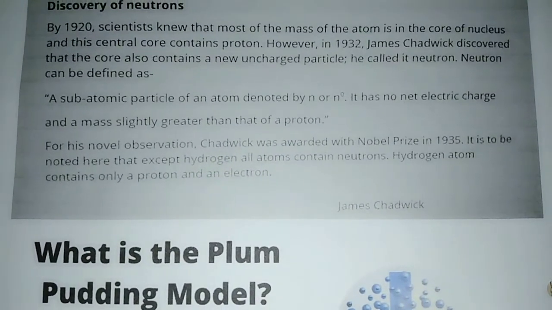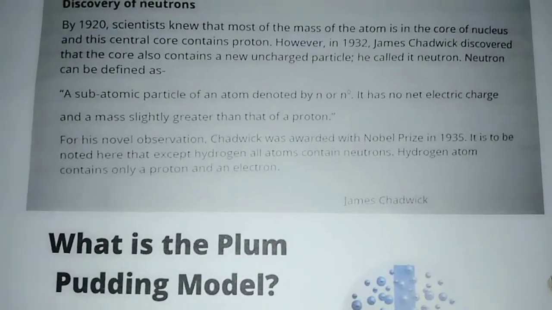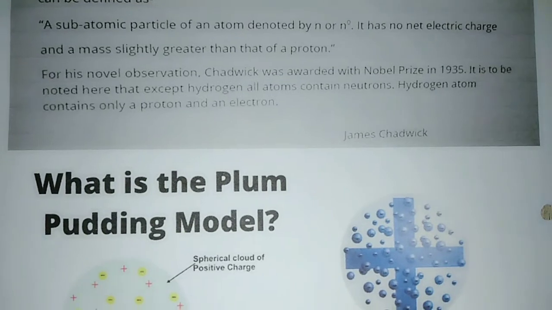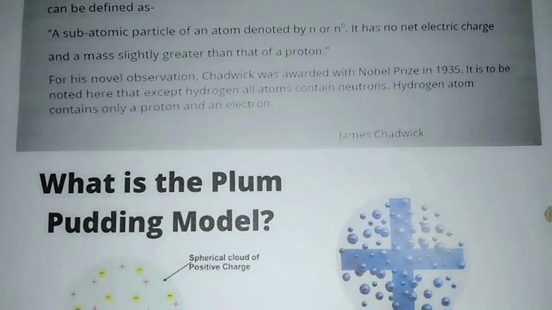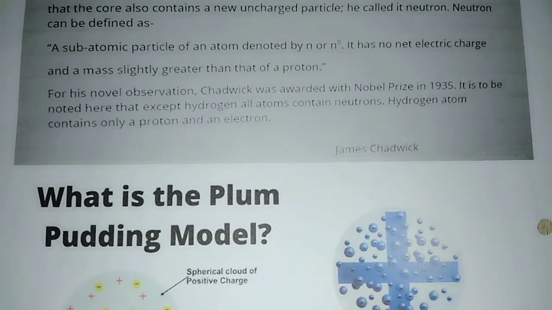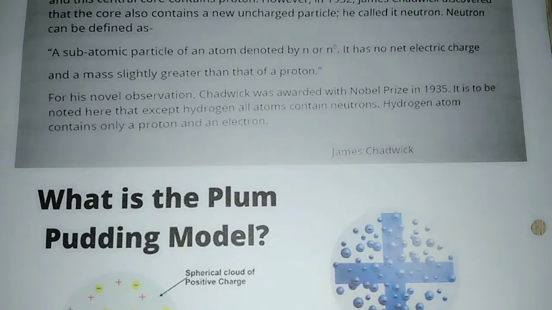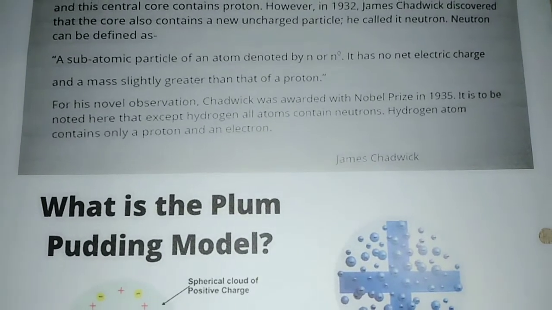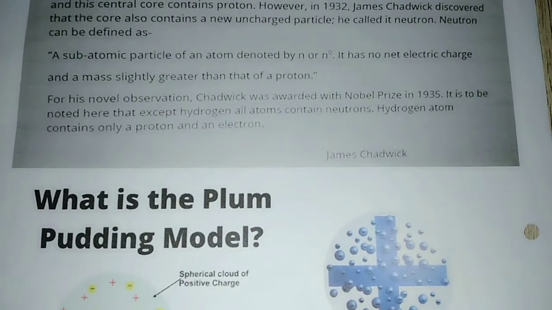It has no net electrical charge and a mass slightly greater than that of a proton. For his novel observation, Chadwick was awarded the Nobel Prize in 1935. It is to be noted here that except hydrogen, all atoms contain neutrons. A hydrogen atom contains only a proton and an electron.